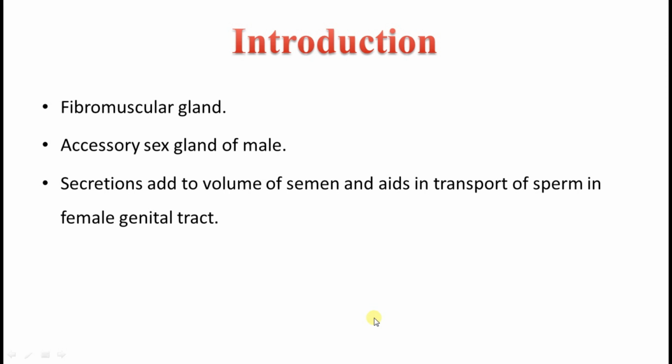All these add to the semen, and the secretions of the prostate mainly consist of acid phosphatase, and they also contain fibrinolysin and prostaglandins. Prostaglandins are considered local hormones. The term was coined because prostaglandins were first detected in the secretions of the prostate.